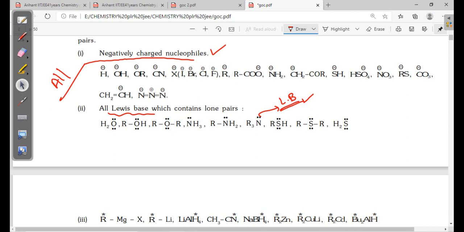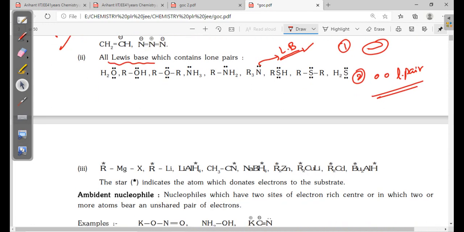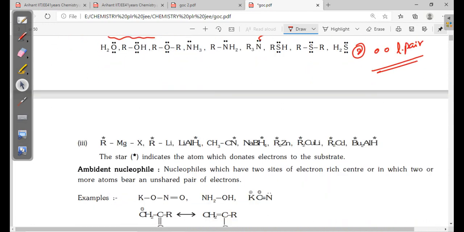What are the conditions? One is a negative charge, the second one is a lone pair. In these two cases, these act as nucleophiles, and some other examples you can also see here.